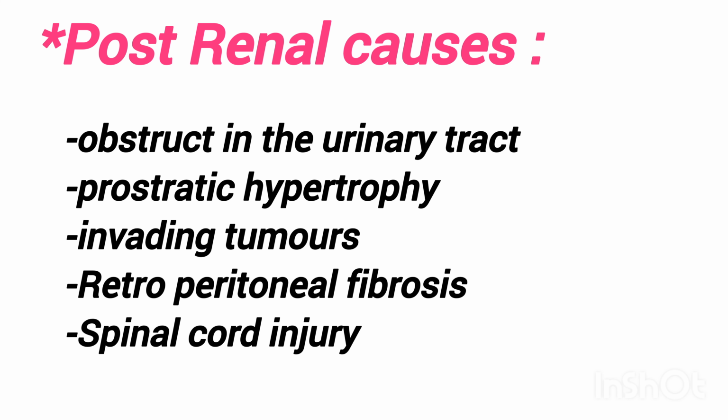We have already learned in anatomy that spinal cord injury can occur at the thoracic and lumbar vertebrae area. That will also lead to acute renal failure.